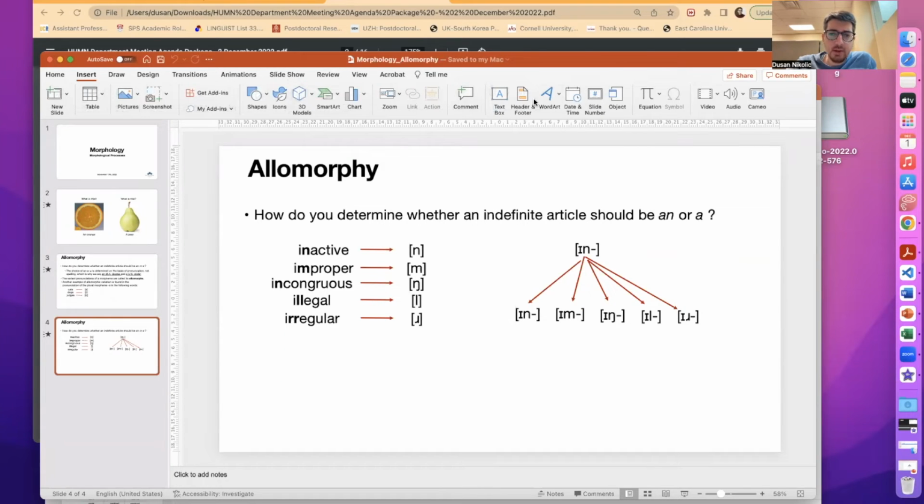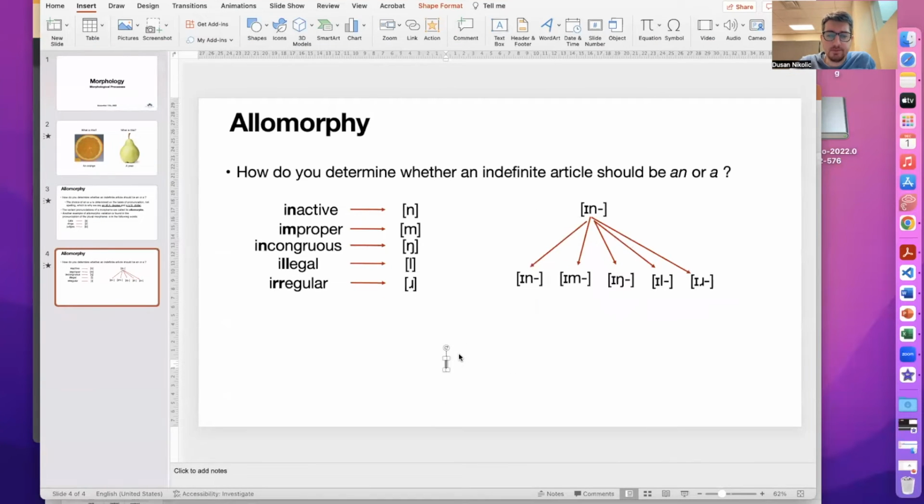I'll maybe draw your attention to another one. There are a couple of allomorphs: plural, that's the first one. Then ed, indicating past tense. It can be realized as t, it can be realized as d, and id.